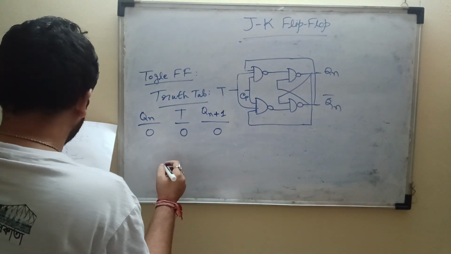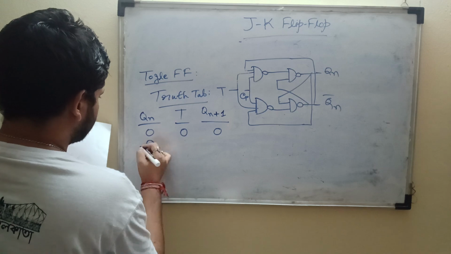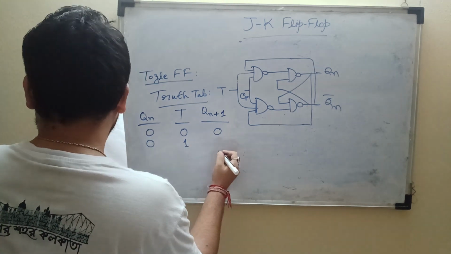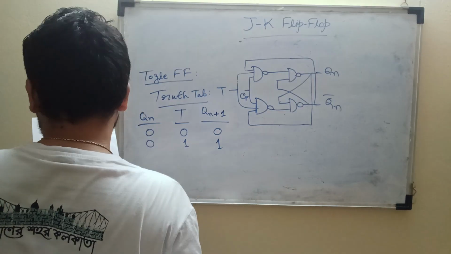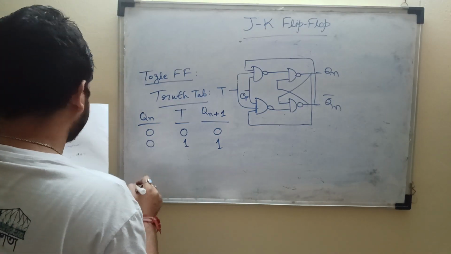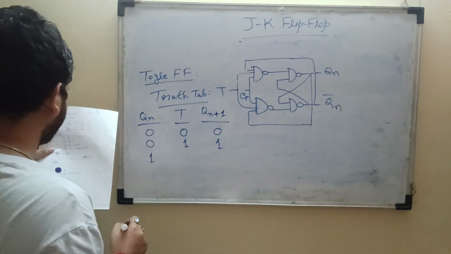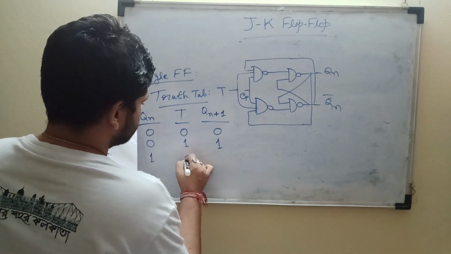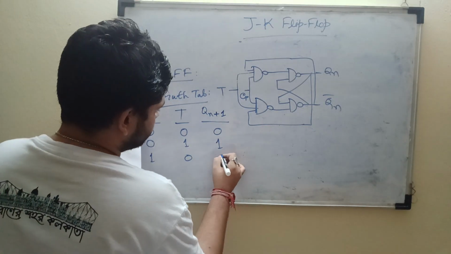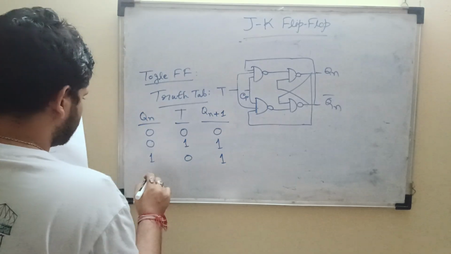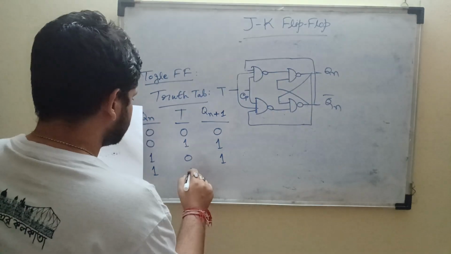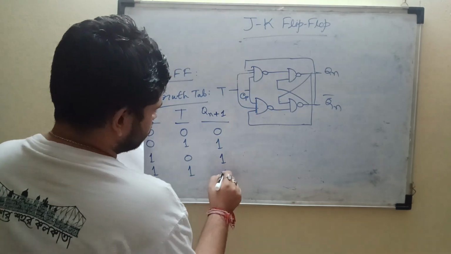Again, when the past output is 0 and toggle gives 1, it will give next value 1. When the past value was 1 and toggle is 0, it will keep the previous value 1. And again when the past value was 1 and toggle gives 1, it will become 0.